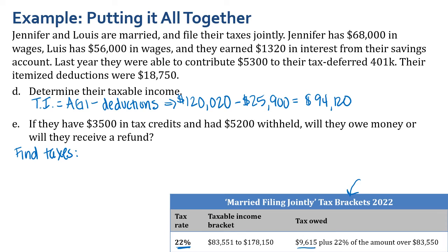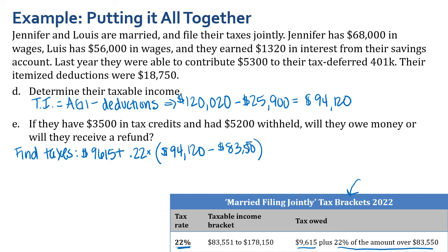So that means what they're going to owe on taxes is $9,615 plus 22% of the amount over $83,550. So plus 22%, which is 0.22 multiplication, the amount over $83,550, which is found by taking what they made, $94,120 for taxable income, and subtracting that $83,550.